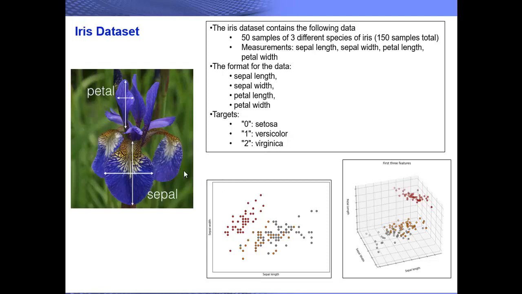Which category an iris flower falls in is normally decided by observing the petal length and width and the sepal length and width.